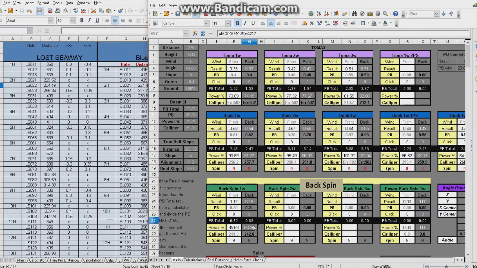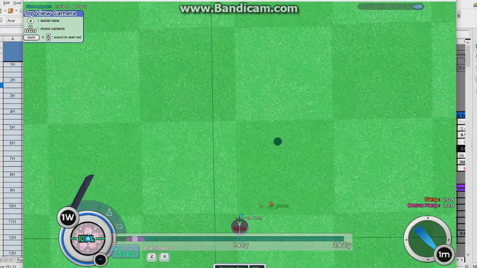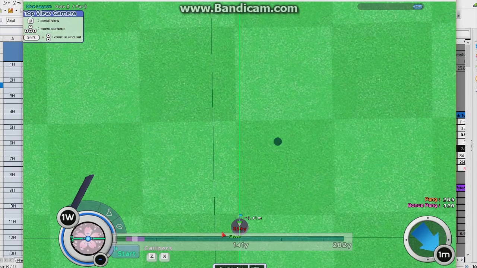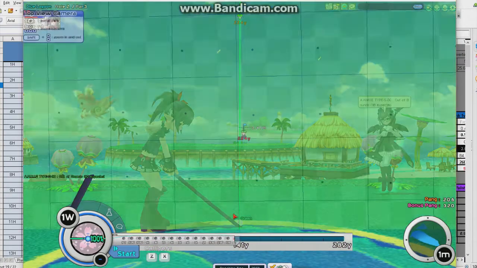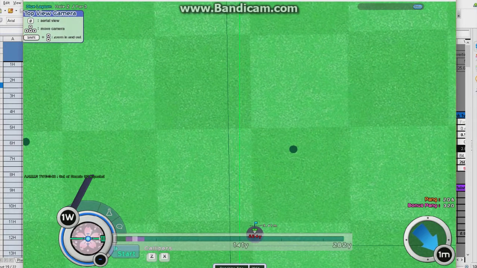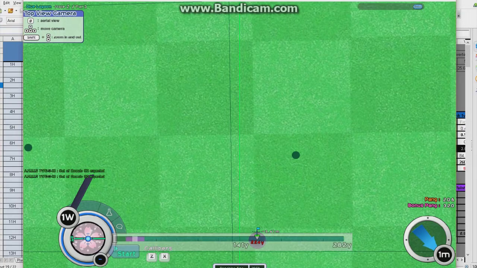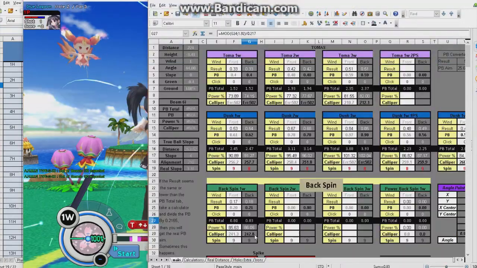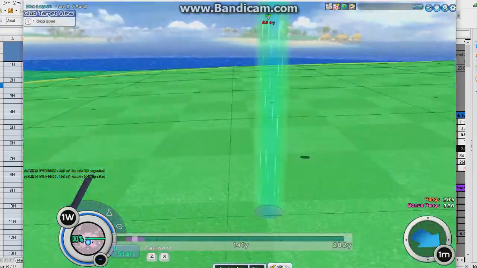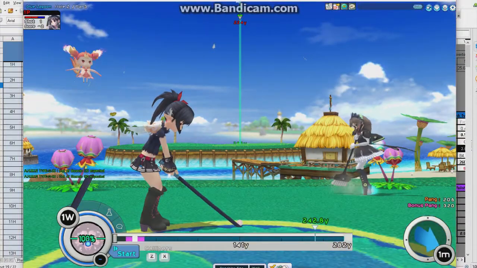Tells me to aim at 0.8 and hit it 242.8. That's about 0.8. 9 spin. 242.8.